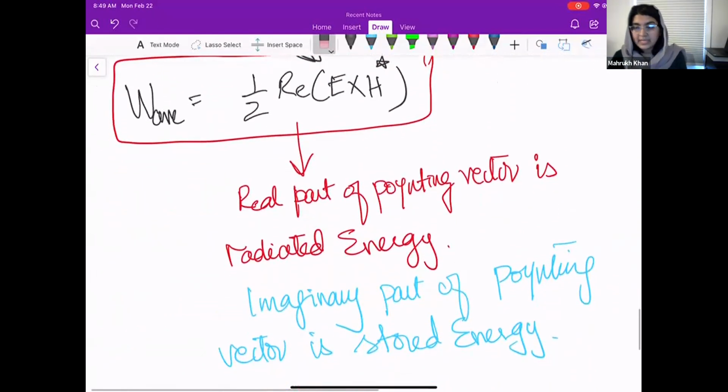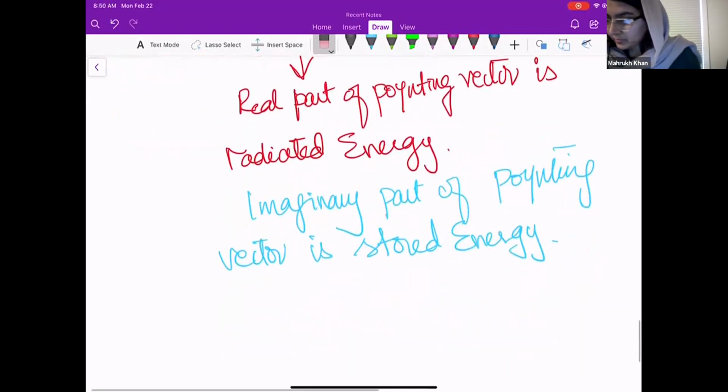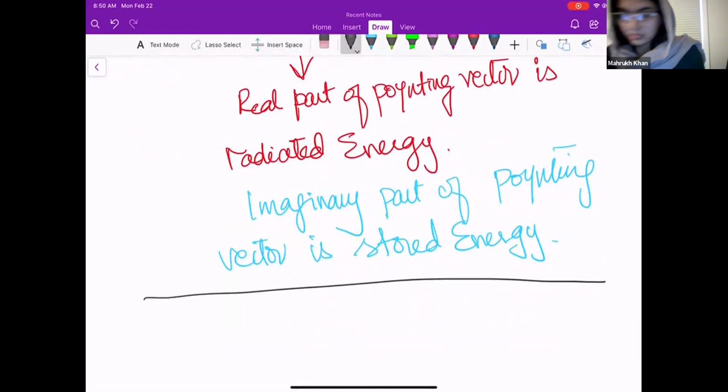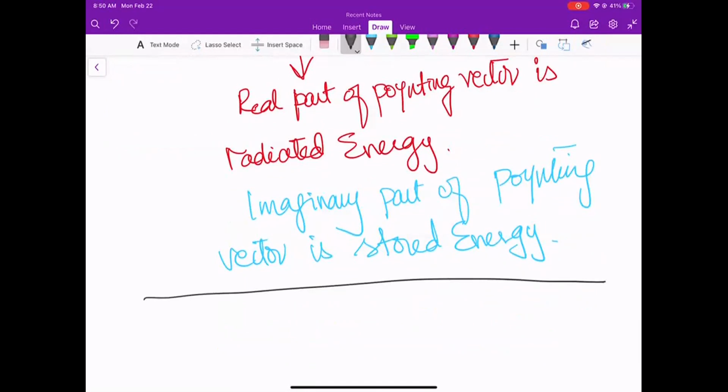So technically, now I will try to find my radiated power or average power of the time varying field, okay? Is it fast? Is it fine? I think it's fine. Okay.